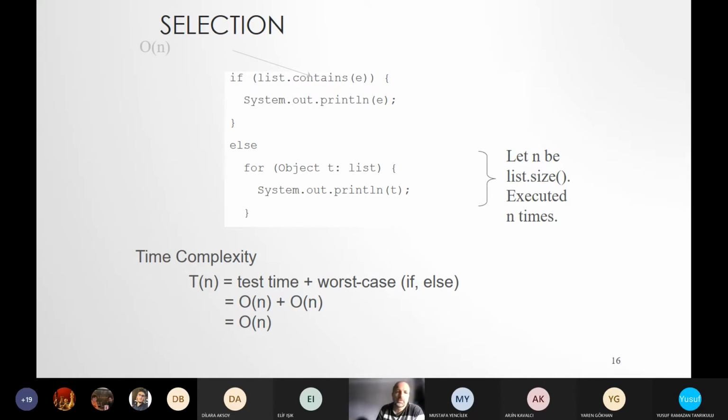That if this list is size 10, then it will, let me say it this way.